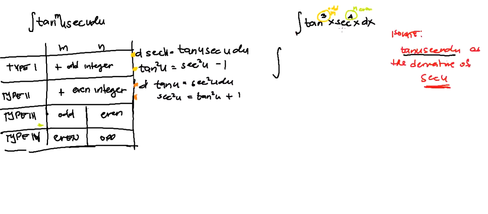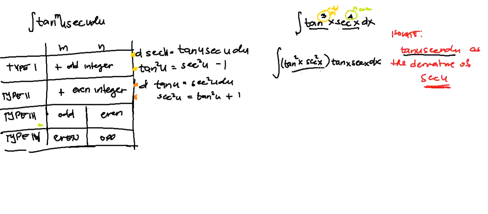So if we isolate the tangent x secant x dx, then what we have left is tangent squared x and secant cubed x here, right?